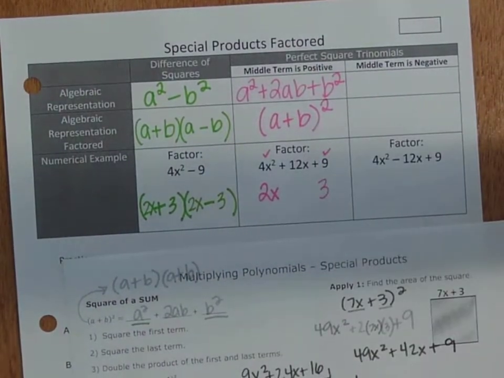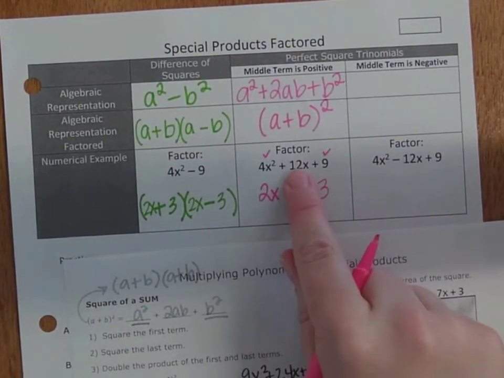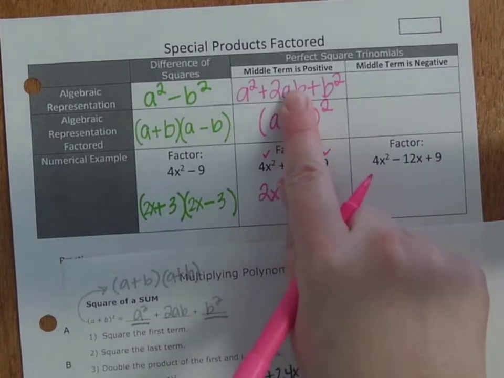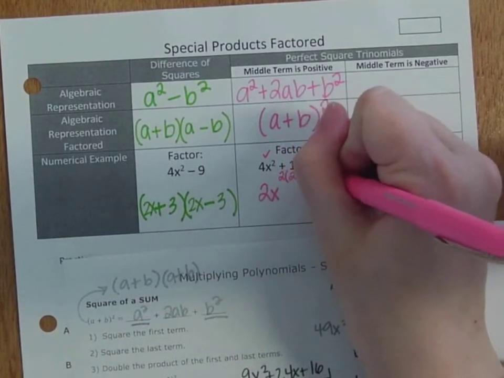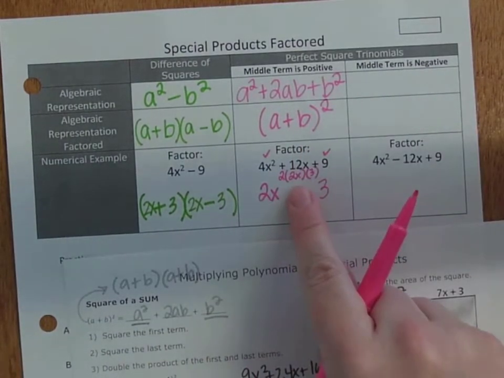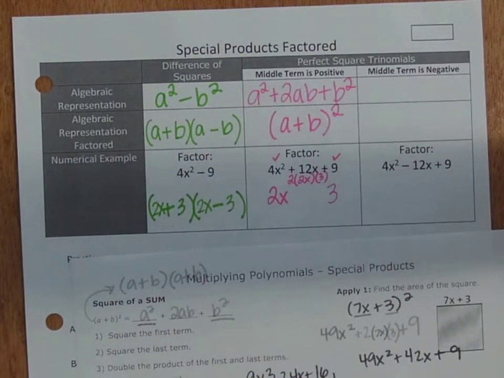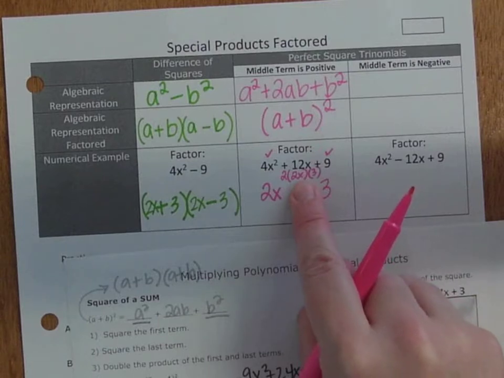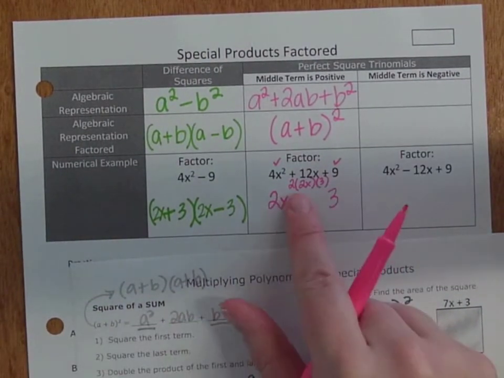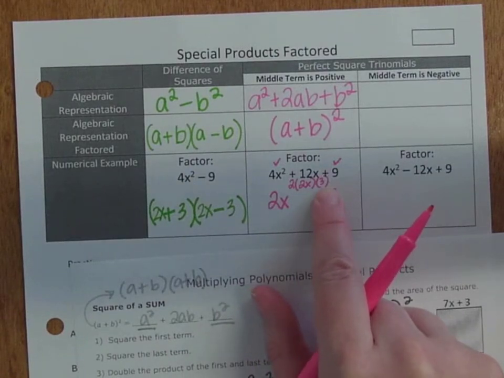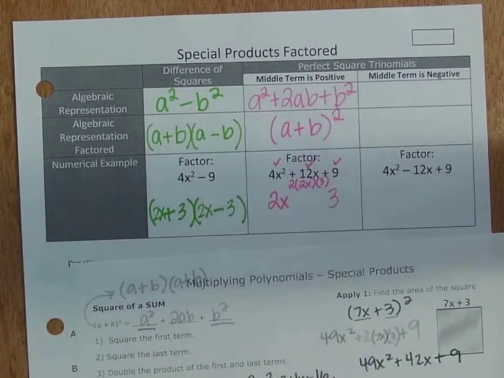3. So now I have to make sure that my middle term follows the pattern. 2 times 2x times 3. That's 2 times my a term times my b term. What is 2 times 2x times 3? 12x.